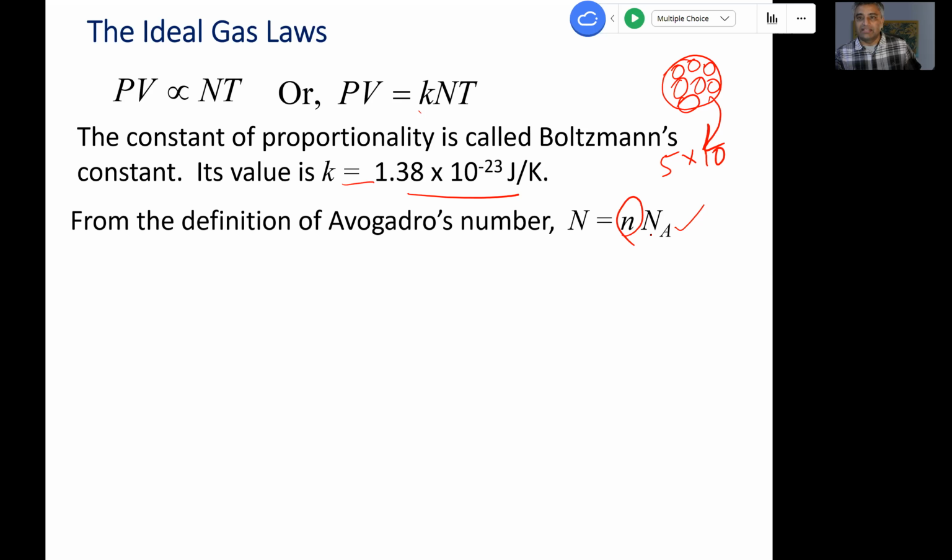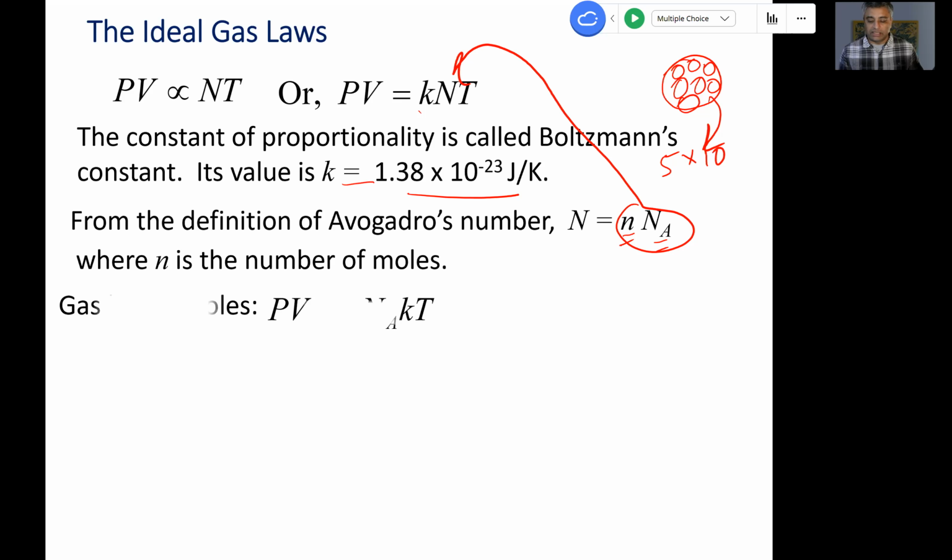Number of packages, N, and number of apples in each package, NA. So that gives you the total number. Here the package is moles and NA is Avogadro's number, which is the number of atoms or molecules in 1 mole of substance.